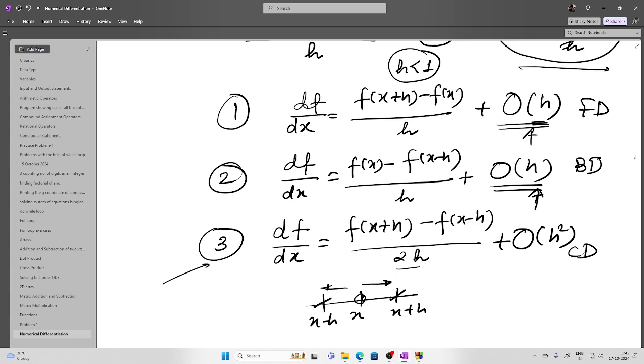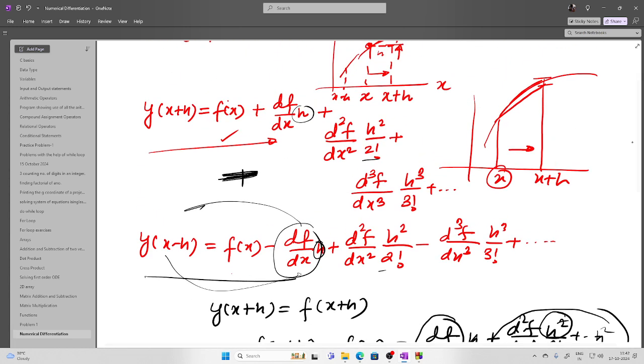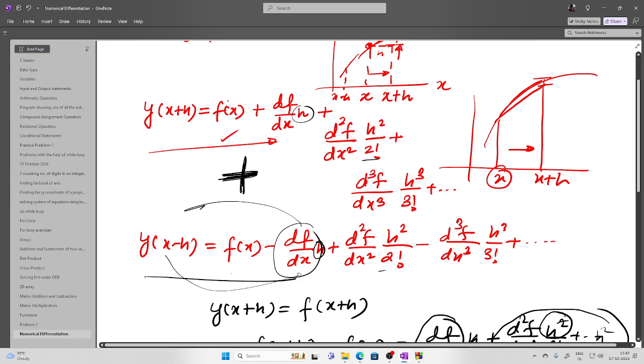That means the first derivative. And let's say you are interested in knowing the second derivative. If you add these two equations instead of subtracting, the first derivative terms will cancel out, and what you get is the second derivative.